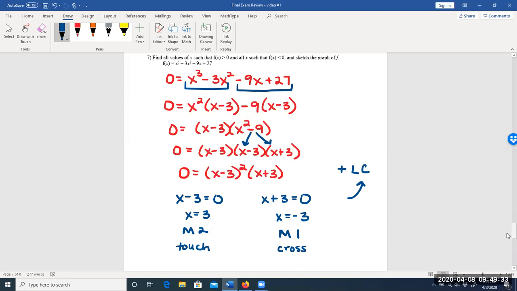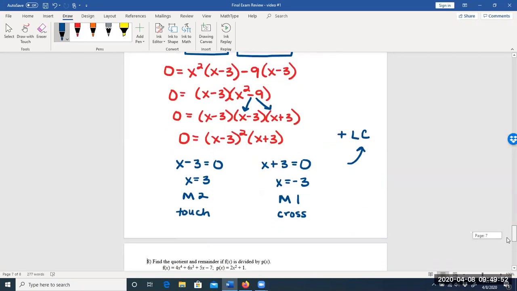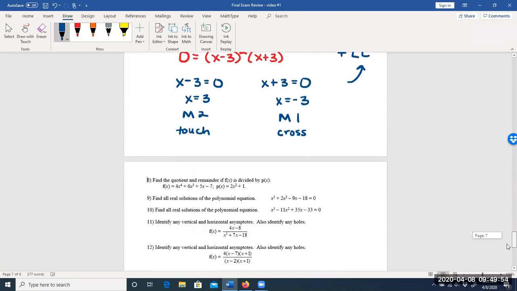There are actually 4 cases, but if you know the touching and the crossing, and you've got that correct, anytime you have a positive leading coefficient, your graph is going to rise to the right, no matter if you have an odd degree or an even degree. So I'm going to look for my graph to rise right.